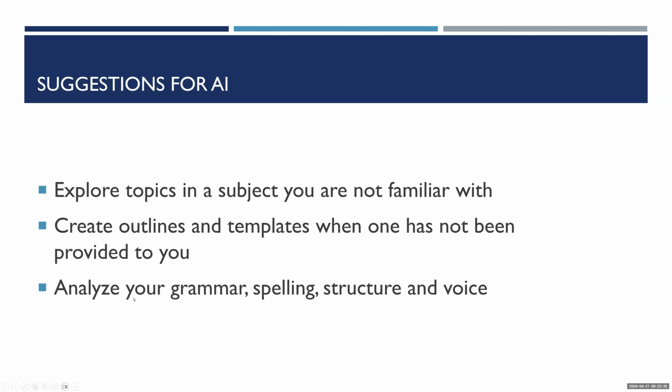And so again, if you have a subject matter that you're not familiar with, AI can help you explore topics in that. Or if no outline or template has been provided to you for an assignment, AI can help generate those outlines and templates that make it very easy for you to then create your own work. And then finally, it's always good to look at your spelling, grammar, sentence structure, and voice using these AI tools.